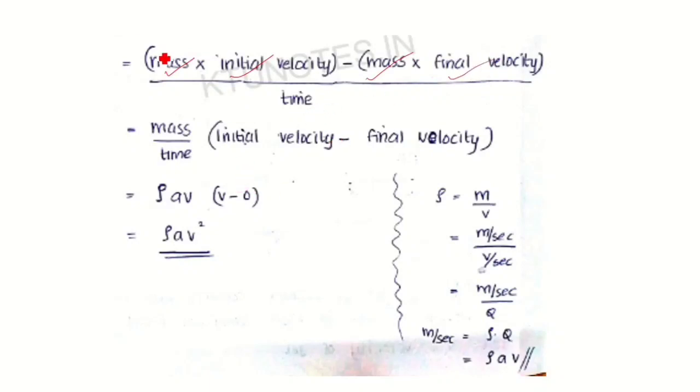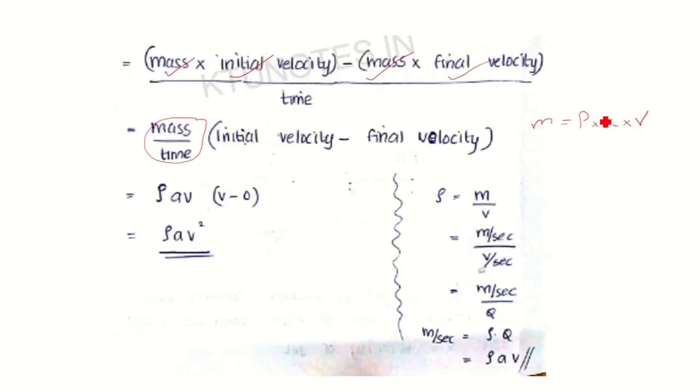So mass is the common term, so we are taking mass outside, and time also outside. So what exactly is the mass of fluid striking the plate? It is density into area into velocity.